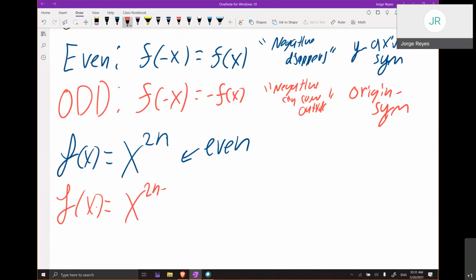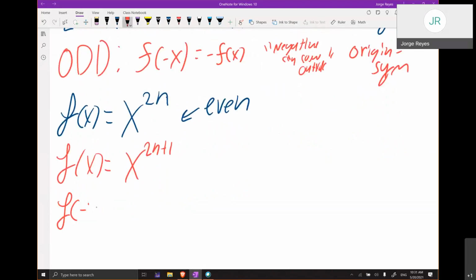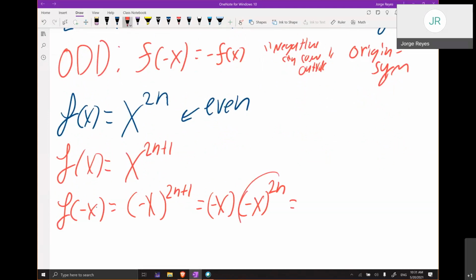2n plus 1, right? Basically, if you try and plug in a negative, let me whip out the professional mathematician hat. When you plug in negative x, you get negative x times negative x to the 2n. But we know 2n is even.